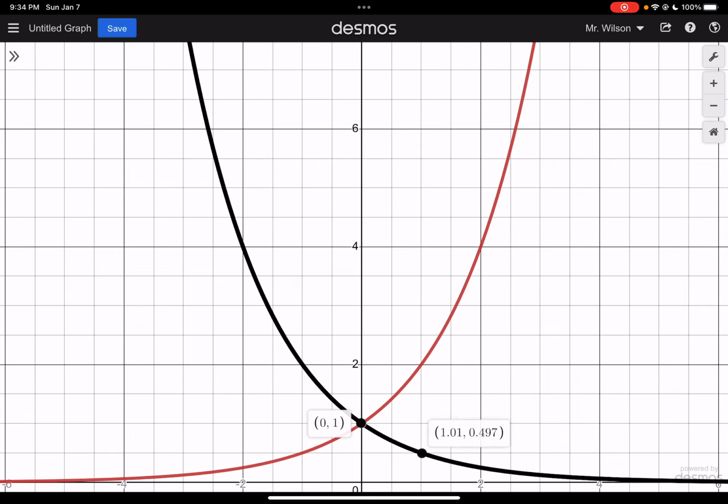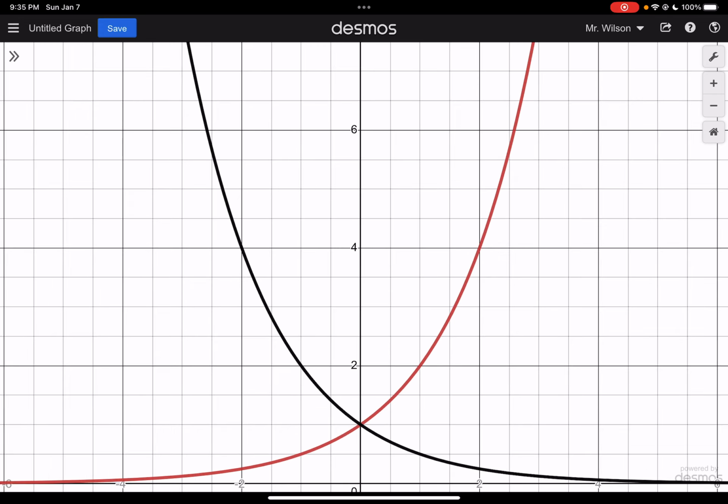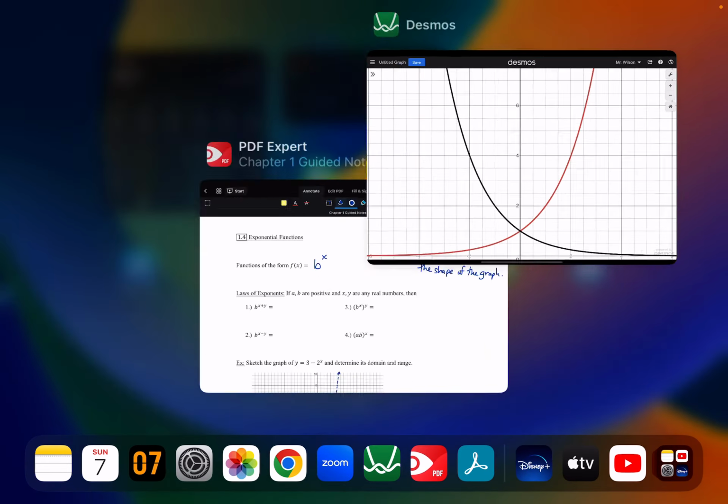But you have the point (1, 1/2), and you're going to have (2, 1/4) right there. It is exactly the opposite graph of 2 to the x. So the base does play a major role in determining what the function looks like.